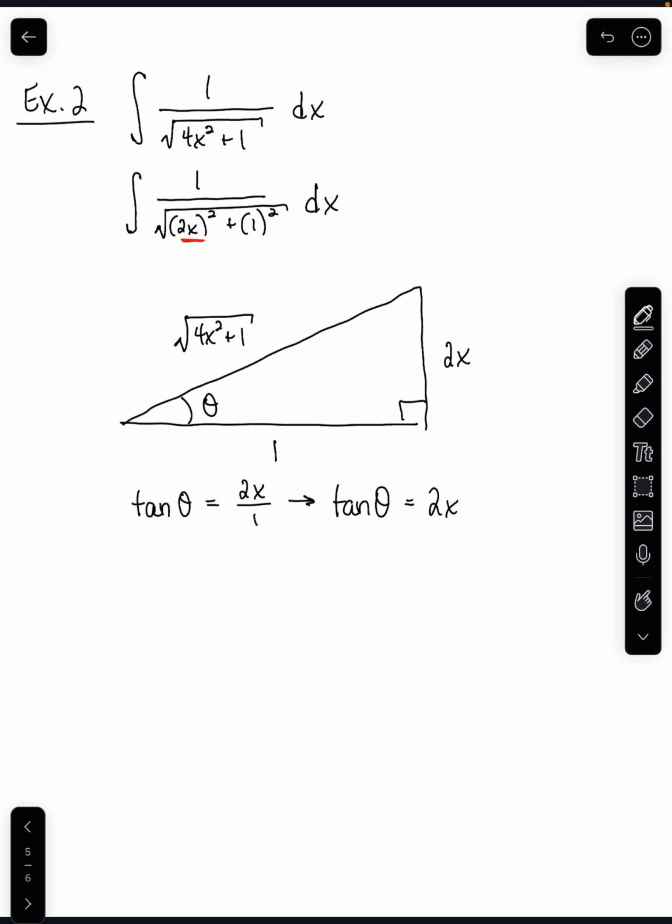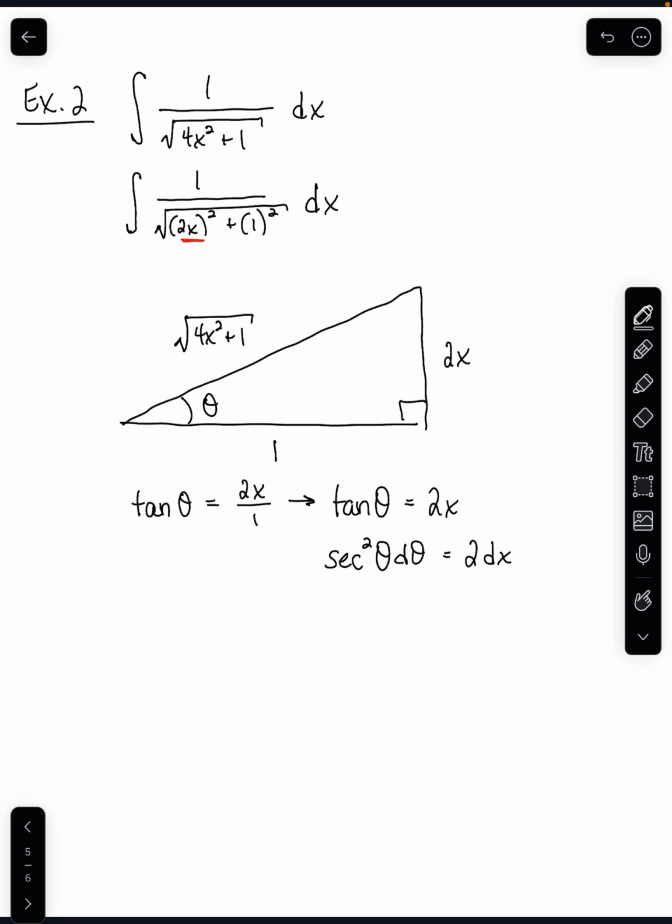Like before, we will need to differentiate both sides of this. The derivative of tangent theta is secant squared theta d theta, and the derivative of 2x is 2 dx.